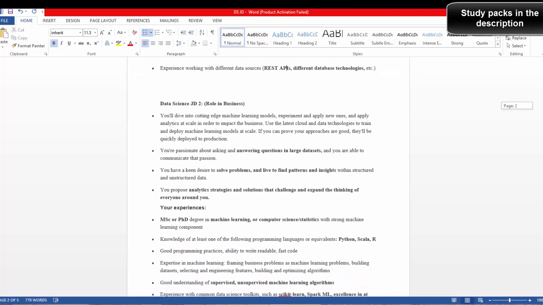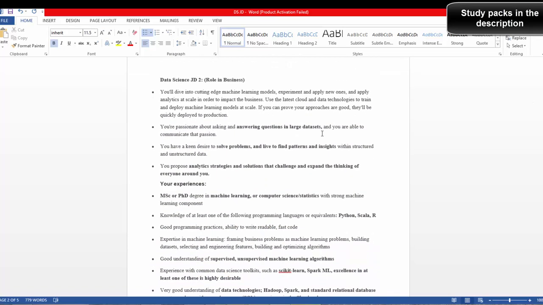The second job description is more to do with business rather than R&D. The first one was a role in the R&D department of a tech company, but the second one is the job description for a data science role to understand the different kinds of customer data available with an e-commerce company.